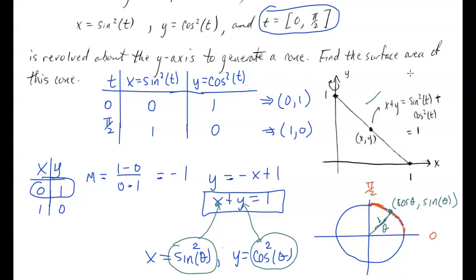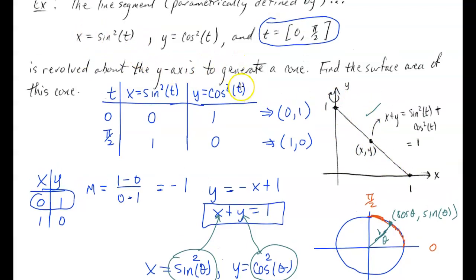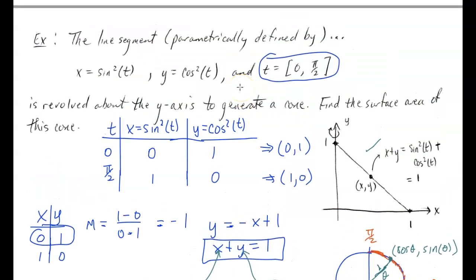Okay. So my point here is that now that we have everything written in terms of x and y, and we know what this is going to look like, we have a general idea of the shape that's going to come out as a result of having x be sine squared and y being cosine squared for this particular set of angles here.